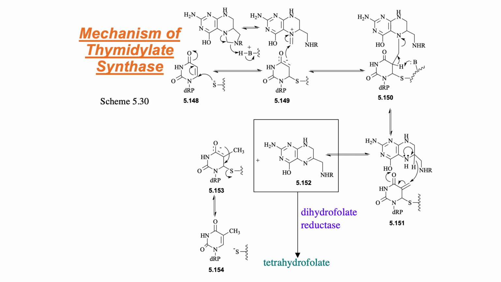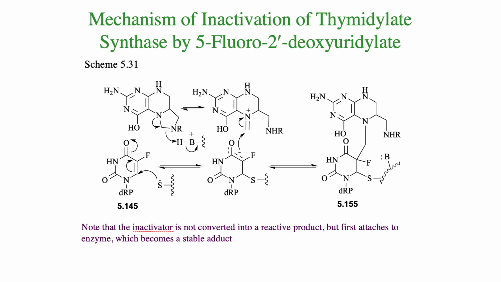So when thymidylate synthase, again, and notice that thymidylate synthase is using dihydrofolate reductase. And it's doing a Michael addition. Oh, so cool. And so what happens here is that you're forming a covalent intermediate between the cofactor, tetrahydrofolate, the fluorouracil, and the enzyme.